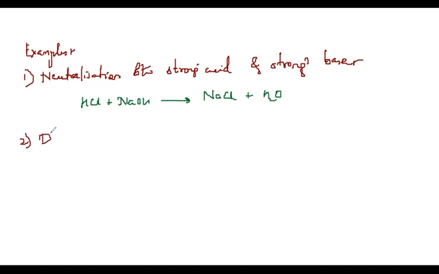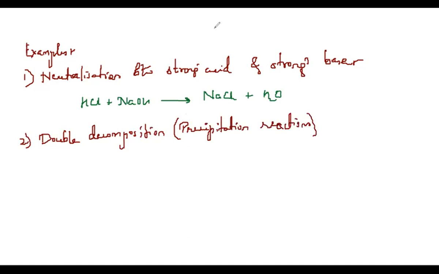Second one, double decomposition reactions, which are also called precipitation reactions. I'll just tell you why they are called so, and why they are irreversible reactions. Let us take an example of barium chloride plus H2SO4. It will form barium sulfate plus HCl.